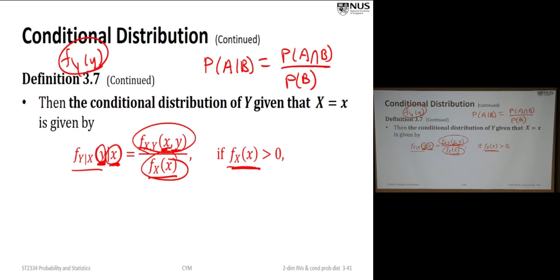Why is that so? Because we already fixed the random variable x at this value little x. So x is not a random variable. It has already been replaced by a realization, the value little x. Only y is the random variable, and this expression will tell you the density of y. How dense is y for a given x.